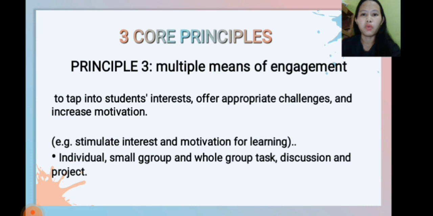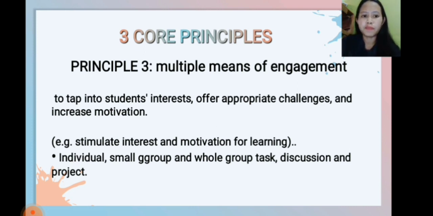Here, we are motivating our learners to engage. An example of this is to stimulate interest and motivation for learning, like group activity and discussion forum. So that's the example of this principle.